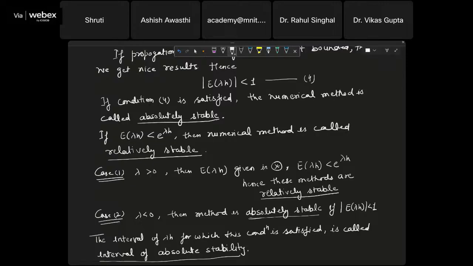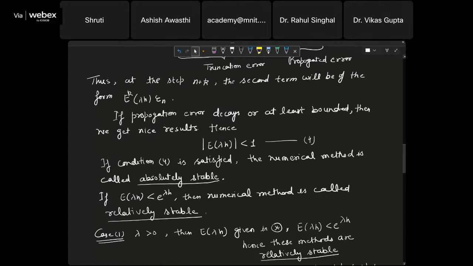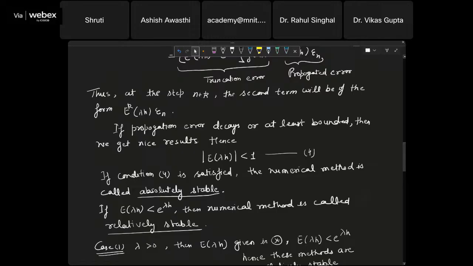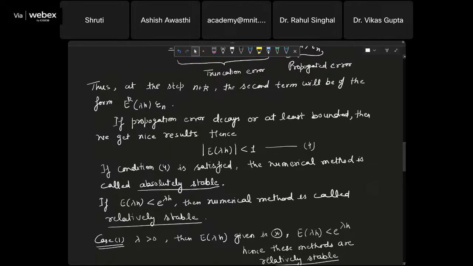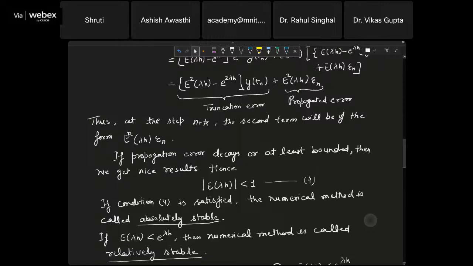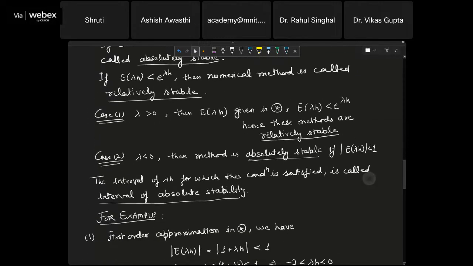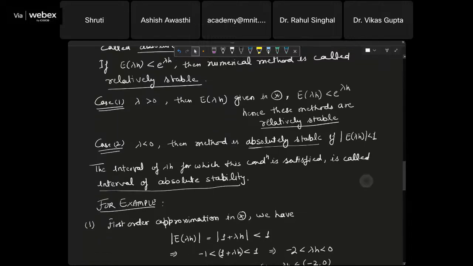But if lambda is negative, then the method will be absolutely stable if this approximation, or you can say this propagating term, has modulus less than 1.